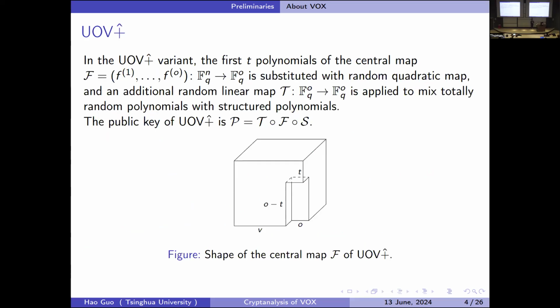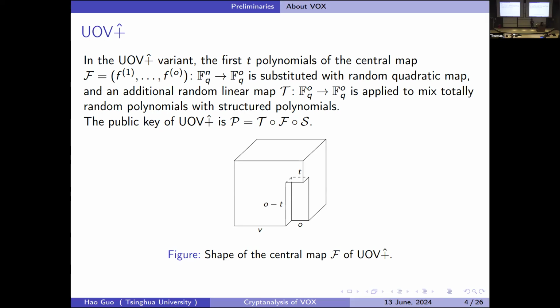So from UOV, we now move to UOV hat plus. So what is UOV hat plus? UOV hat plus is mainly about changing some oil vinegar polynomials into random polynomials. As you can see in this picture, you can see it as slices stacked together, where the first t part represents the random matrices, and the last O minus t part represents the oil vinegar polynomials.